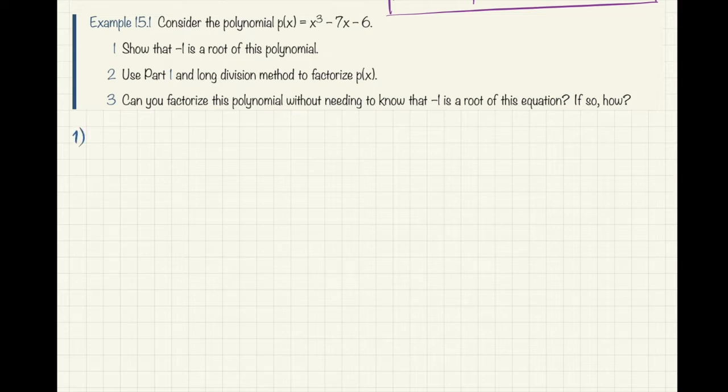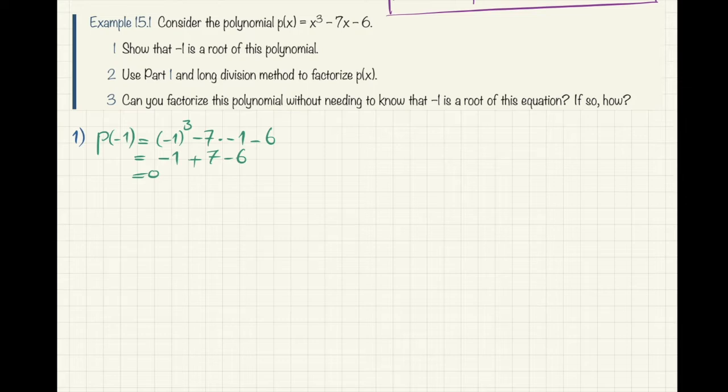What I need to do is calculate p of minus 1 and confirm that p of minus 1 is equal to 0. So I calculate p of minus 1. How? I replace x everywhere with minus 1. Minus 1 to the 3 is minus 1, plus 7, and then minus 6, which is exactly 0.